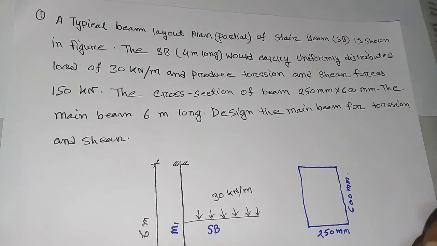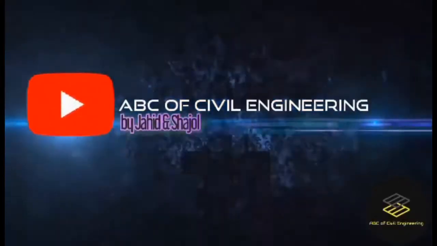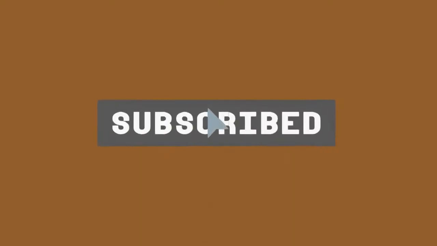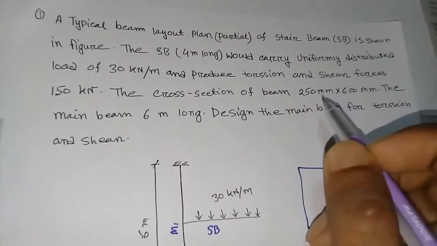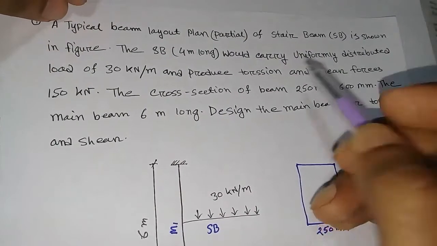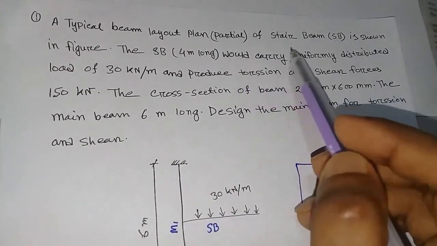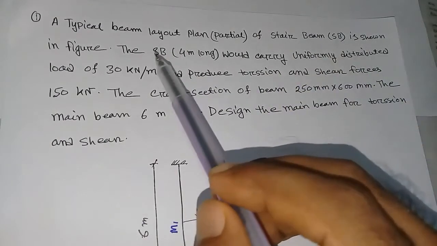Okay, let's start after the intro. Here is the problem. A typical beam layout plan, partial, of a beam section with a sub beam as shown in the figure.